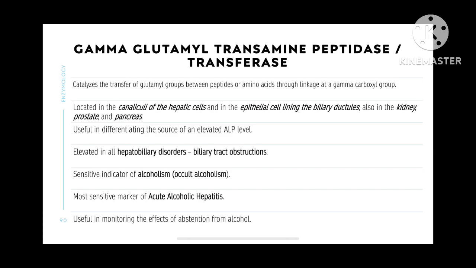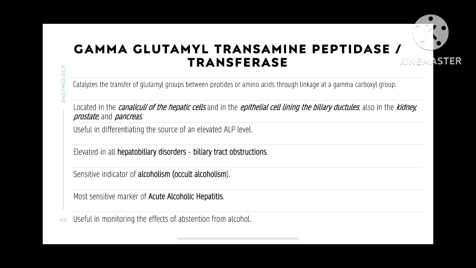The source of elevation in pancreatitis and diabetes is probably the pancreas. But the source of GGT in myocardial infarction is still unknown up to this day. GGT assays are of limited value in the diagnosis of these conditions and are not routinely requested.